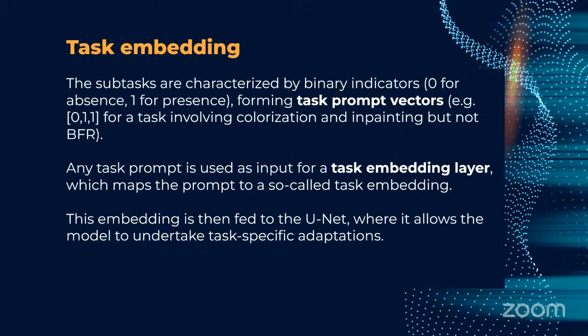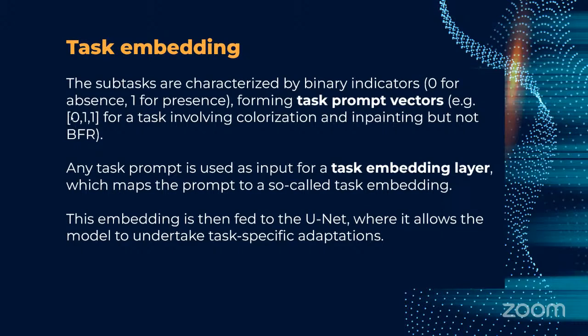In this procedure, each of the subtasks is described by a binary indicator. 0 is used if the task is not necessary, and 1 is used if the task is actually necessary. This gives us a so-called task prompt vector consisting of 3 different values, all either 0 or 1.